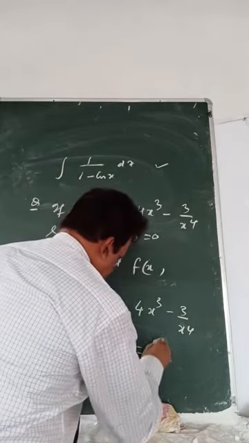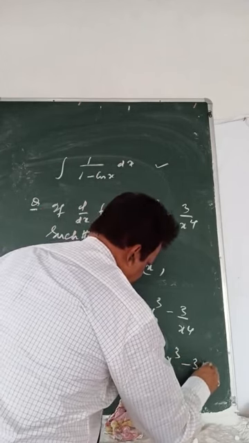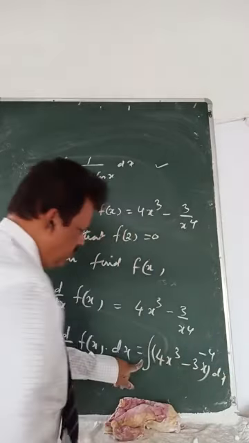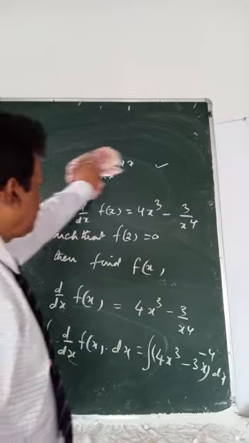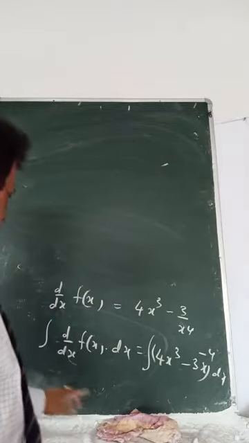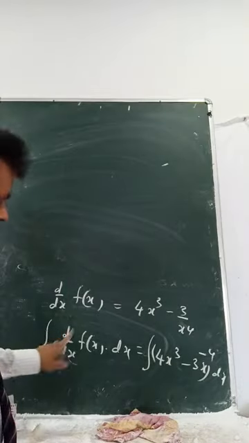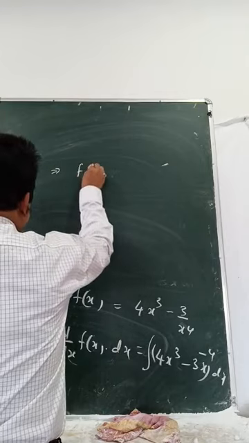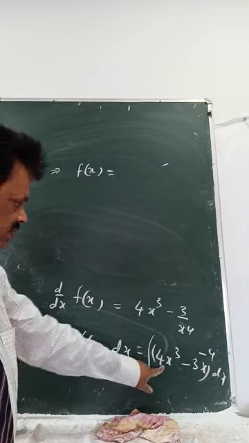So here you are integrating 4x cube minus 3x to the power minus 4 dx, integrating both the sides with respect to x. So what will you get here? Now integration and derivative cancel, so you will get only f(x).